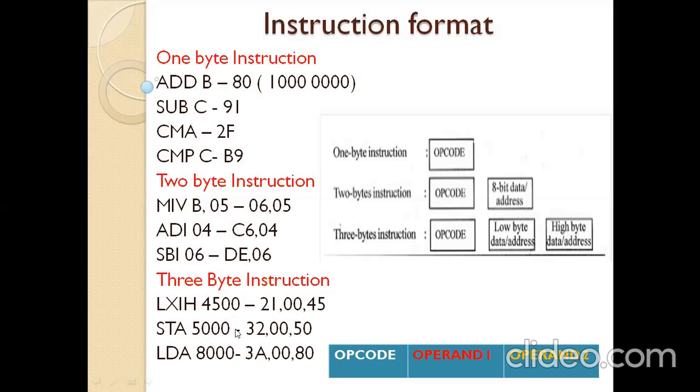So this instruction consists of 32 as opcode, plus 00 as operand, 50 as operand. So 3-byte instruction means opcode, lower byte data or address, and next one is higher byte data or address. Opcode, operand 1, operand 2. It is called a 3-byte instruction.